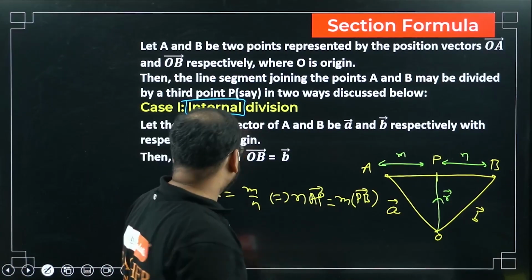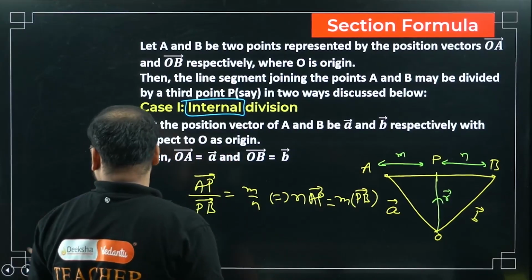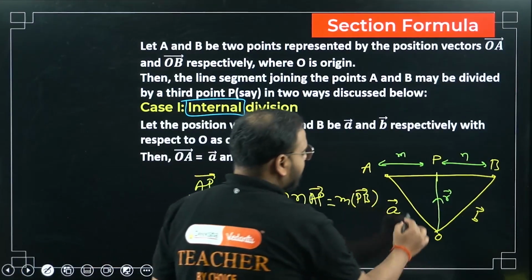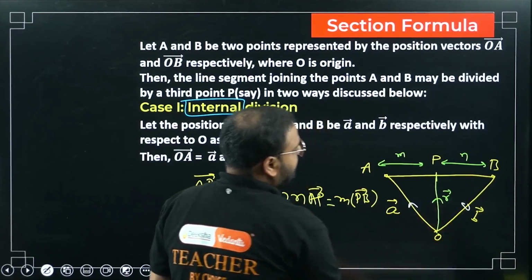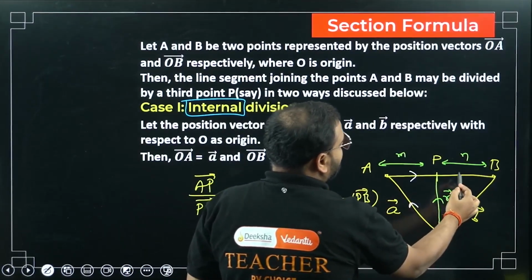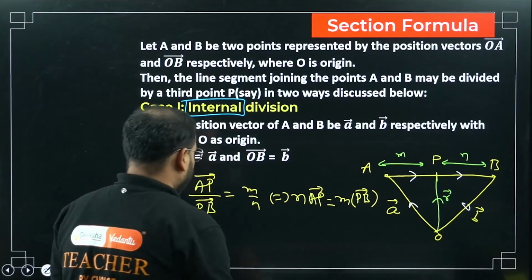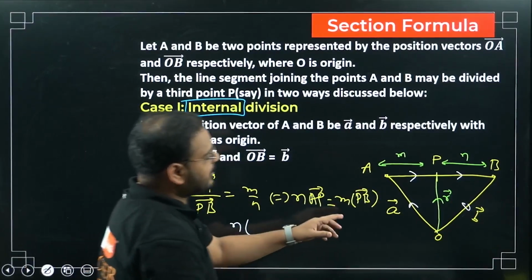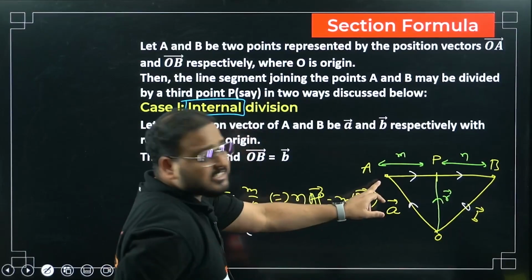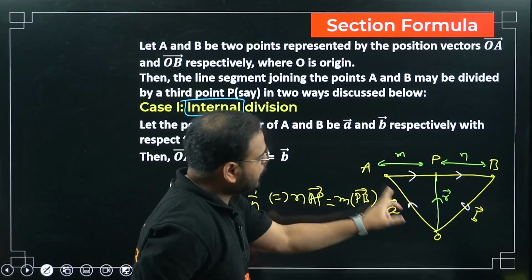Now in this situation, how would I write AP? Please check, will the triangle law of addition be valid? The OA vector will go like this. AP is over here and PB is over here. For AP, A is the common point for the vectors OA and AP.